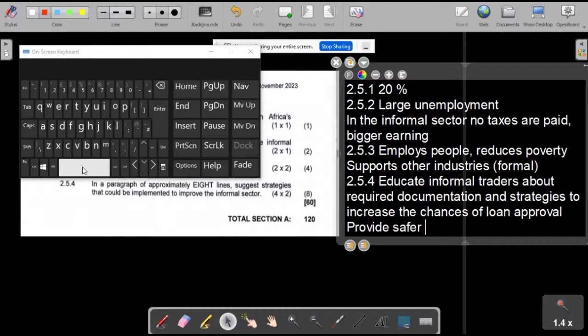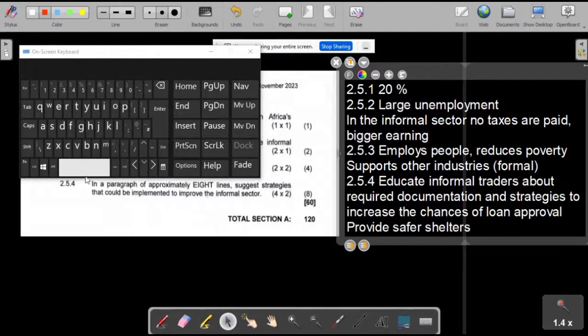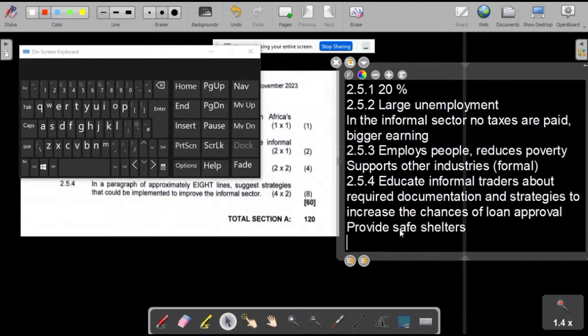They have to be safe. I don't know if I should call them shelters or what. Let's just say safe shelters for now. It's not like they do have shelters. This will help them with rain, of course, and with crime.